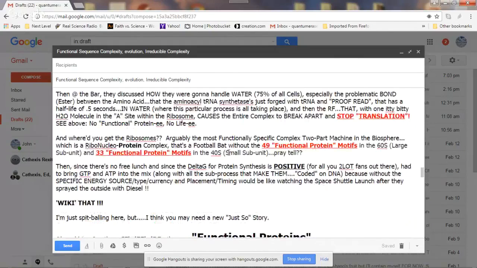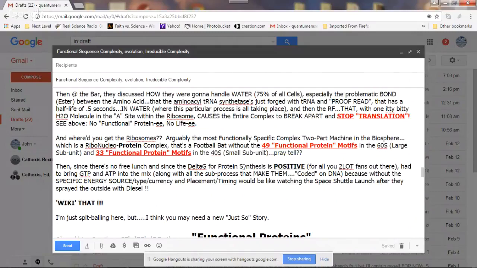Then at the bar, they discussed how they were going to handle water. That's 75% of all cells, especially the problematic ester bond between the amino acid and that of the amino acyl tRNA synthetases just forged with transfer RNA, and proofread, that has a half-life of 0.5 seconds in water, where this particular process is all taking place, and then the RF that with one itty-bitty molecule of water in the A site within the ribosome causes the entire complex to break apart and stop translation.